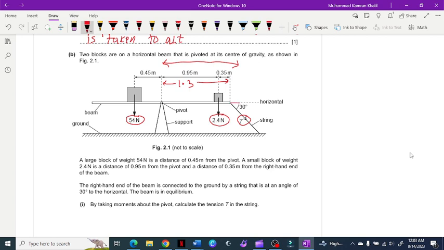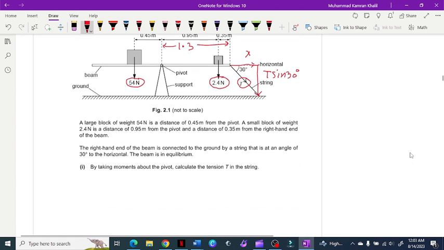Now we will resolve these two components along the x-axis and along the y-axis. We do not need this component, so we only need the y component, which is T sin 30 degrees, because this is the moment which will act in the downward direction.